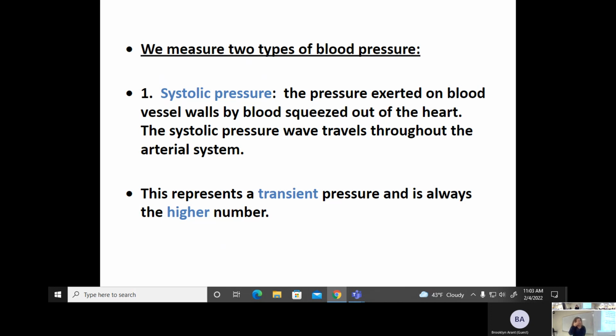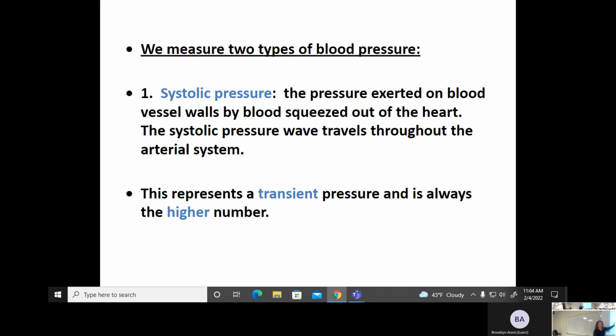That pressure, we call it transient. Sometimes if people are talking about homeless individuals, they'll try to use a nicer word than homeless, and they say they're transient because they don't always stay in the same place. This is a pressure that comes and goes. It's transient. On a blood pressure reading, it's the higher number.